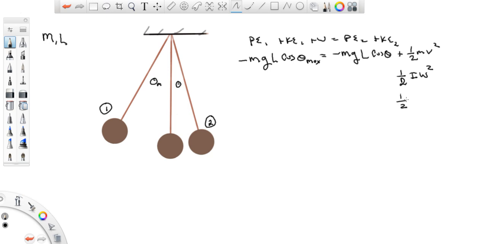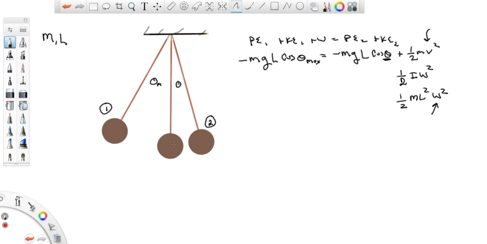And for the I, we can use mL squared, the moment of inertia of a point mass about some sort of axis. Right? So we could write our kinetic energy like that. Now, regardless of how you write the kinetic energy, theta is our variable of interest right here, right? This one is okay because the omega there is d theta dt. If we write our kinetic energy as 1/2 mv squared, we have to do something about that.